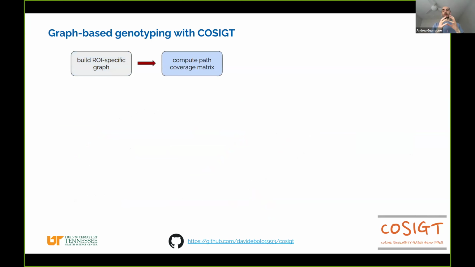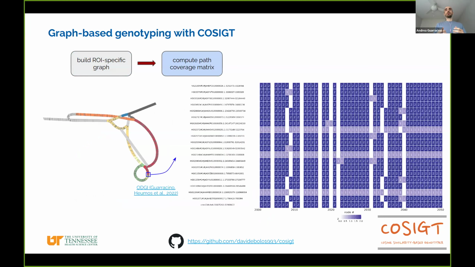The second step: we have this specific graph and we want to produce the path coverage matrix. We take our graph and apply ODGI to obtain this representation, where again each row is a path, so a haplotype, a genome.